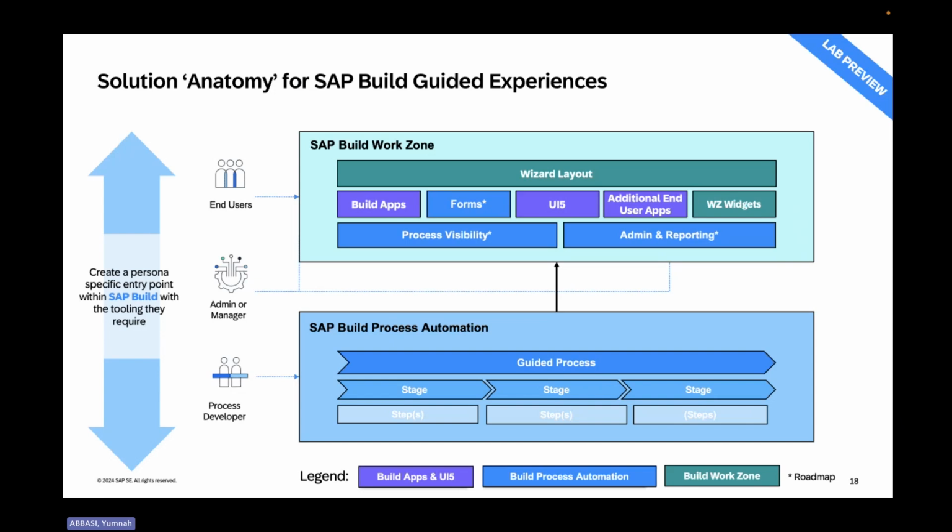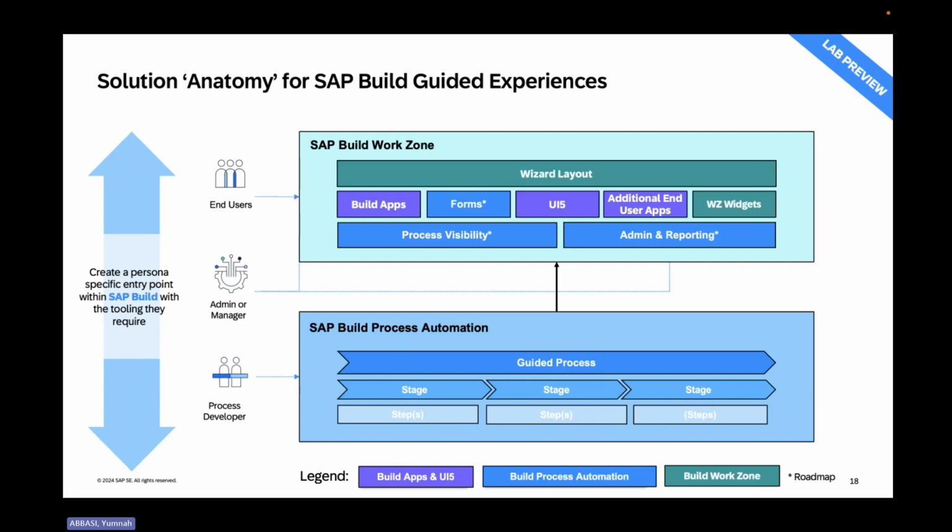As you see, there are two dimensions. The first dimension, the top one, is from SAP Build Work Zone. You start creating the actual user interface, which is the wizard-like layout for users to work with.